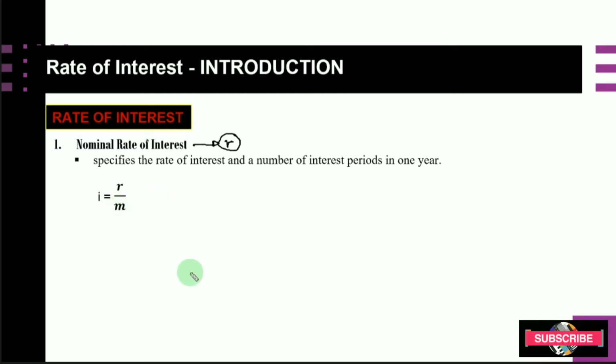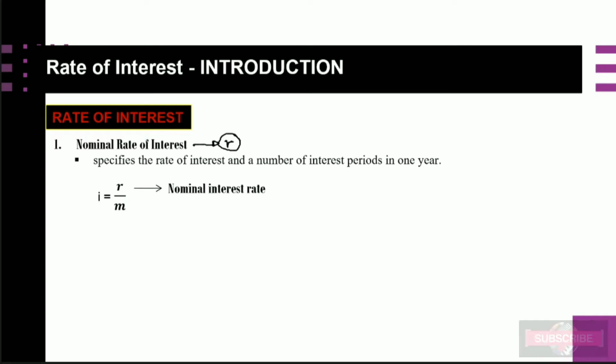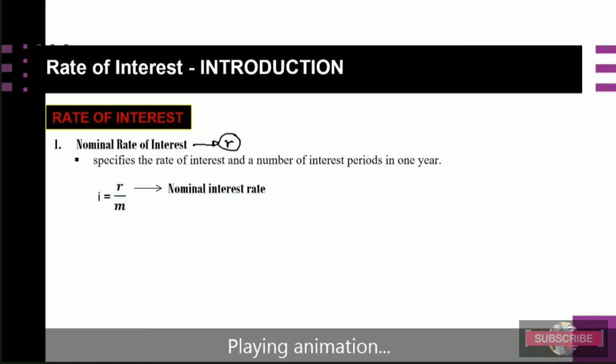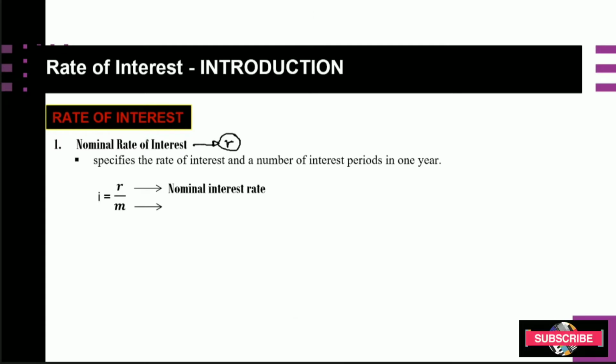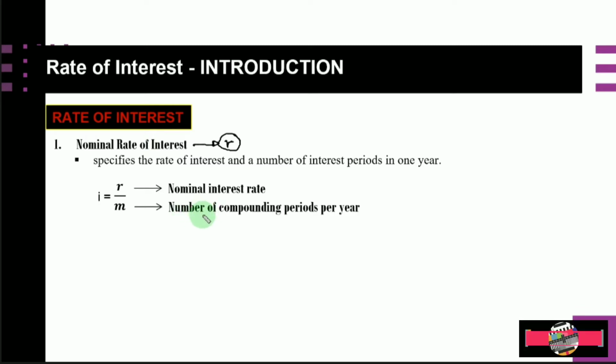Okay? So those are our designations: R is just our nominal interest rate, and our M is simply the number of compounding periods per year. So you can simply say number of compoundings.